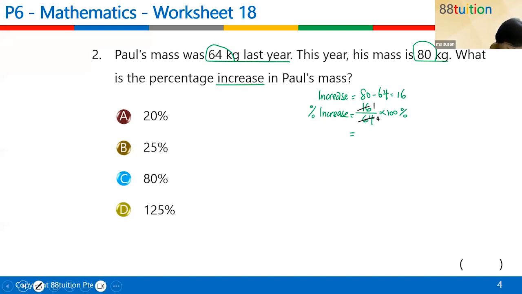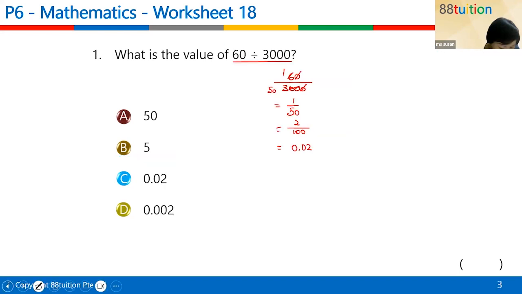And if you reduce even further, this is 25 out of 100. So eventually you will get a 25% increase. Okay, so option number B. Okay, just now what was that? Option number C. Let me finish up these.